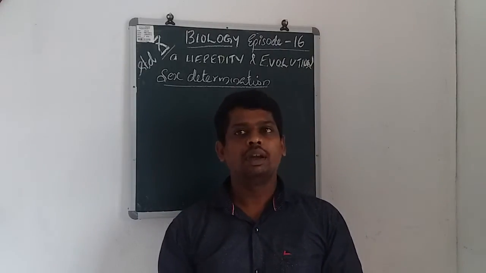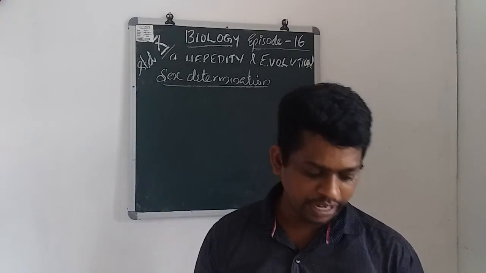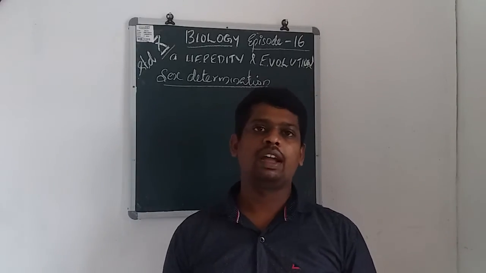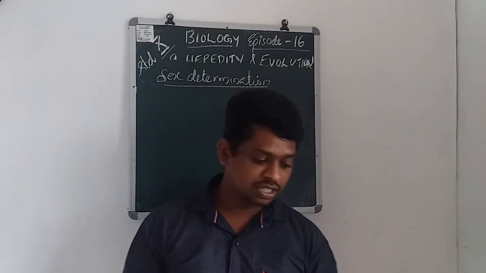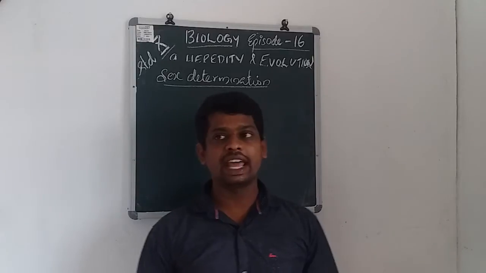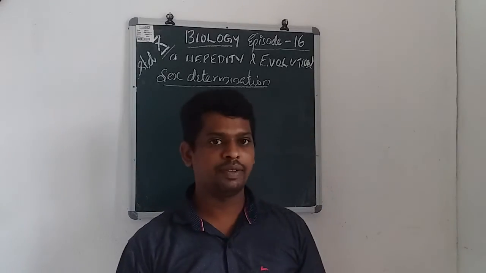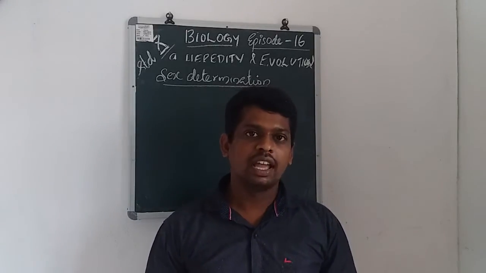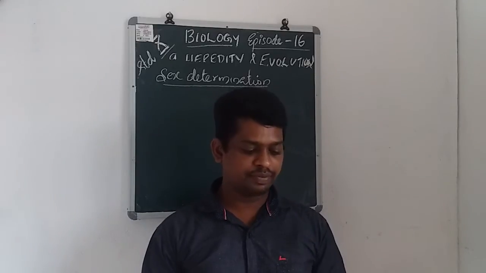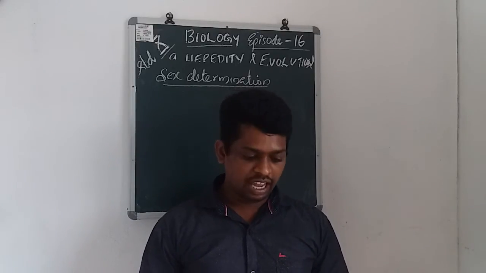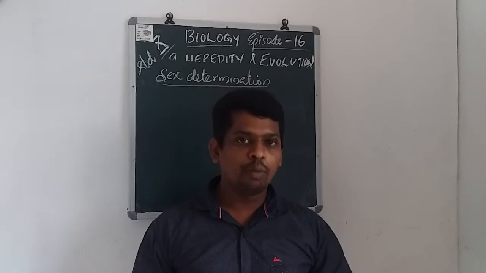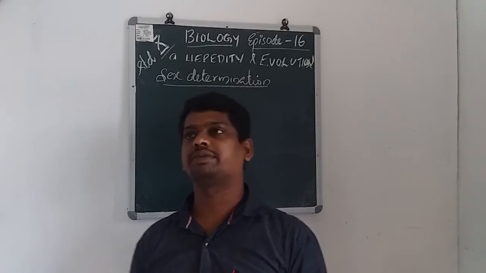Okay, but before that, we are knowing about the chromosomes, DNA, genes, the visible characters, the contrasting characters, and the dominant characters, and the suppressed characters, and finally the homozygous and heterozygous.